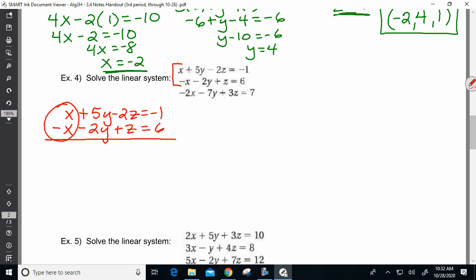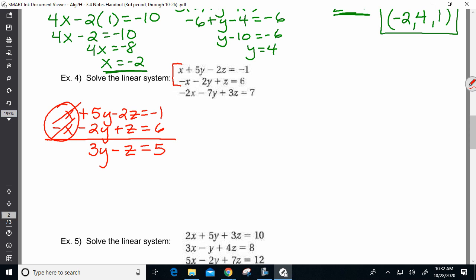So our x's are already opposites of each other, so they drop out. Everything else gets added up. So 3y minus z equals 5. So we've eliminated the x.